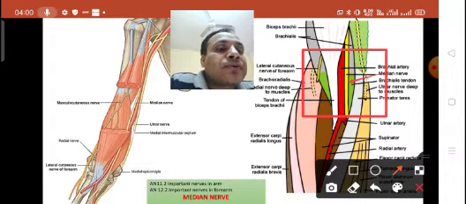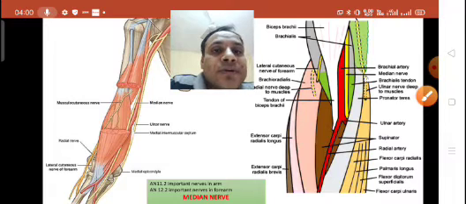In the cubital fossa, the median nerve lies medial to the brachial artery, and this nerve lies deep to the bicipital aponeurosis.